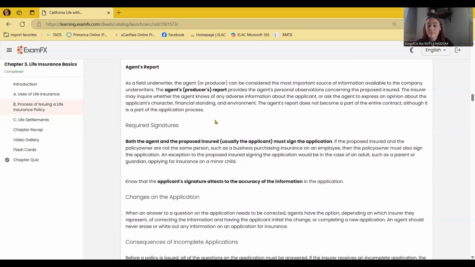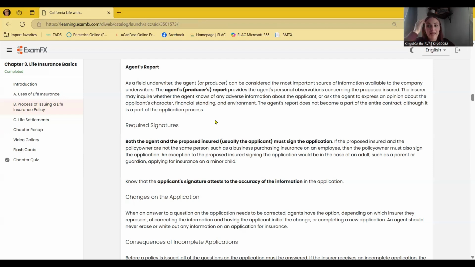And an agent's report. An agent's report is important for the insurance company to get vital information from the field underwriter. Field underwriters, like I said, we see these people face to face. Let's just say we sat down with a client and this person said, no, I'm not a smoker, right? But they smell like smoke and their house smells like smoke and there's cigarettes on the coffee table and they're obviously smokers, right?